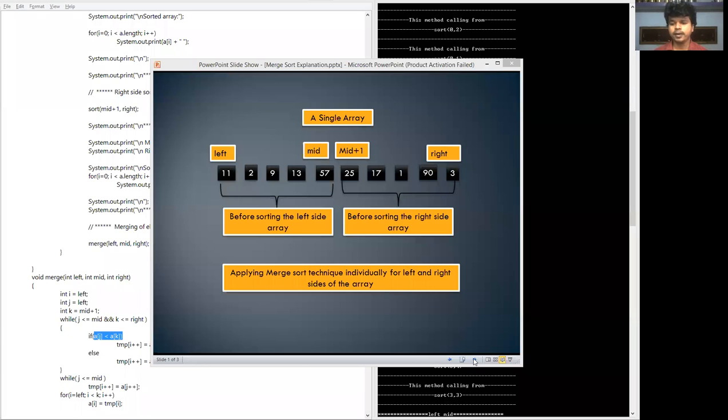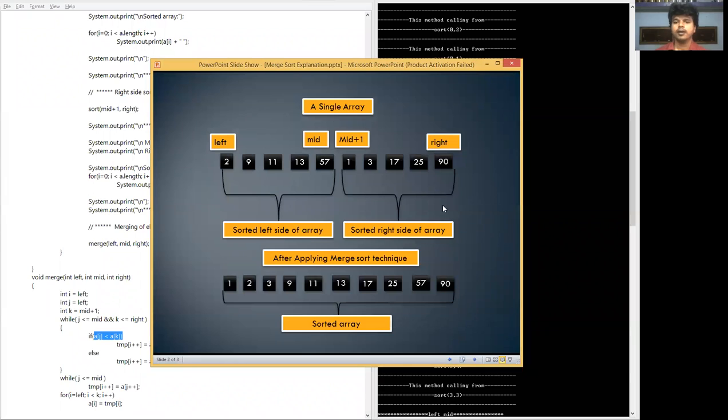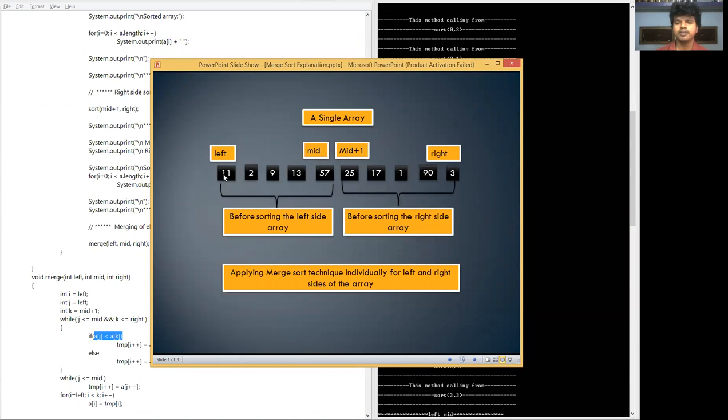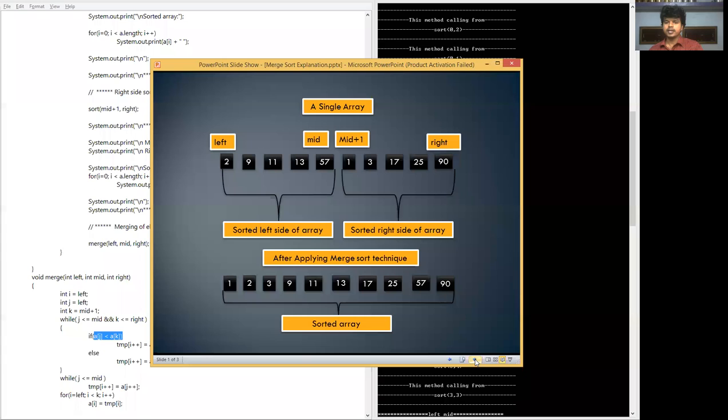After applying the MergeSort technique, see here. Before, these elements were not in ascending order. After applying the MergeSort technique, the elements of the left side array are represented in ascending order.